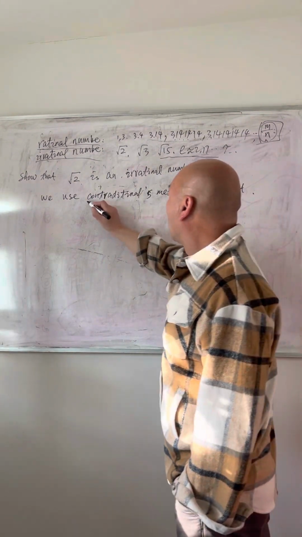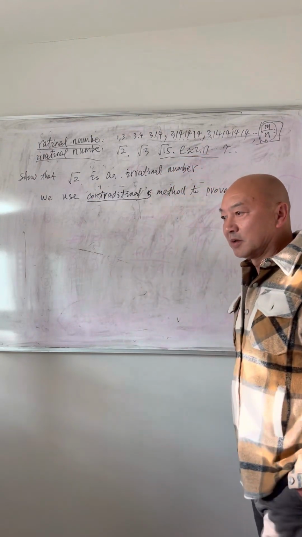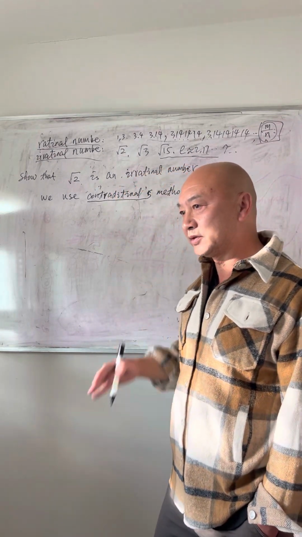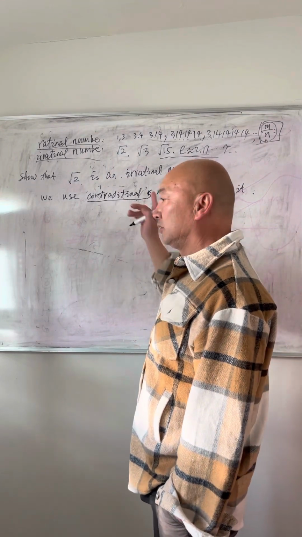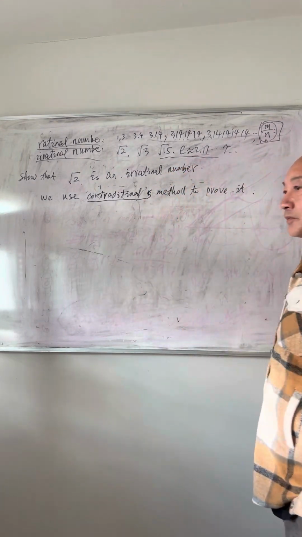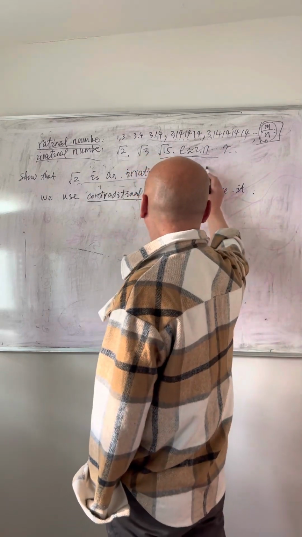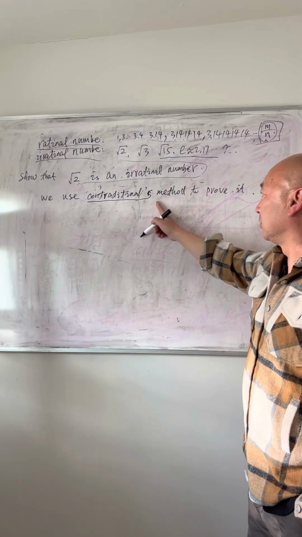This method is very, very important in mathematics, and when we prove questions like this, we often use this kind of method. How do we do that? For this conclusion, we use the contradiction method.